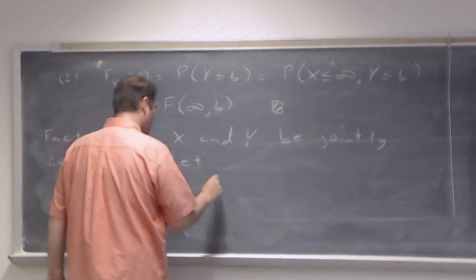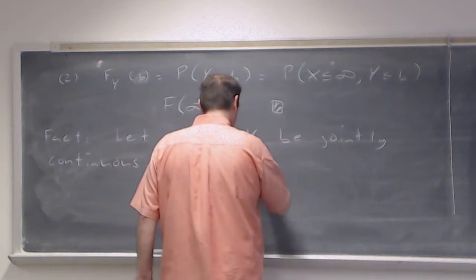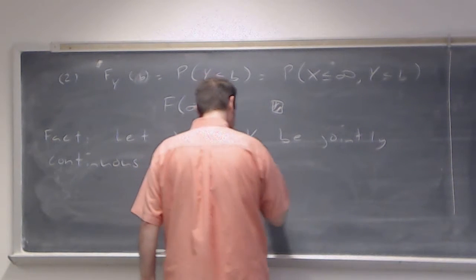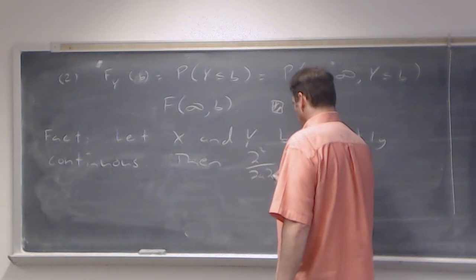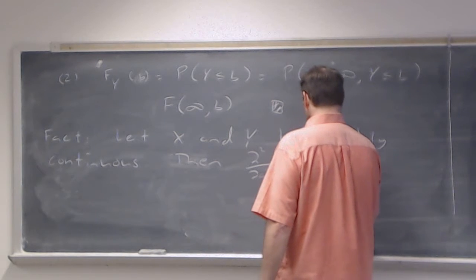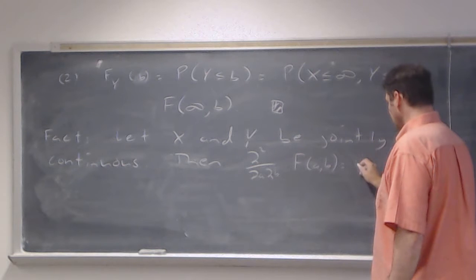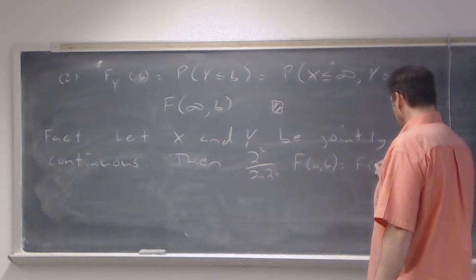Then, in terms of notation, the second partial derivative, with respect to a, then with respect to b, then a, of F(a, b), that's the joint CDF, what you're going to get out is the joint PDF.